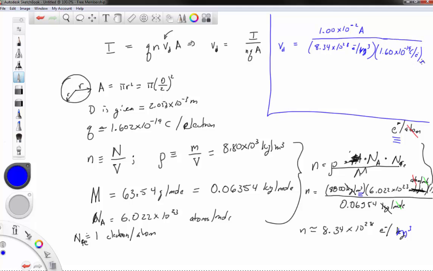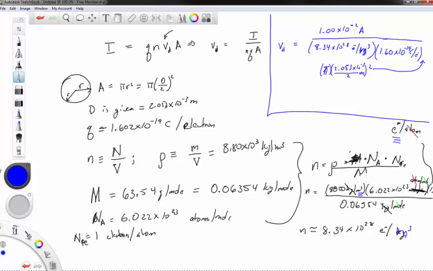And then we also have to multiply by the area, which is basically going to be pi times 2.053 by 10 to the minus 3 divided by 2 quantity squared. So we got to throw all that into our calculator. And this right here is meters.